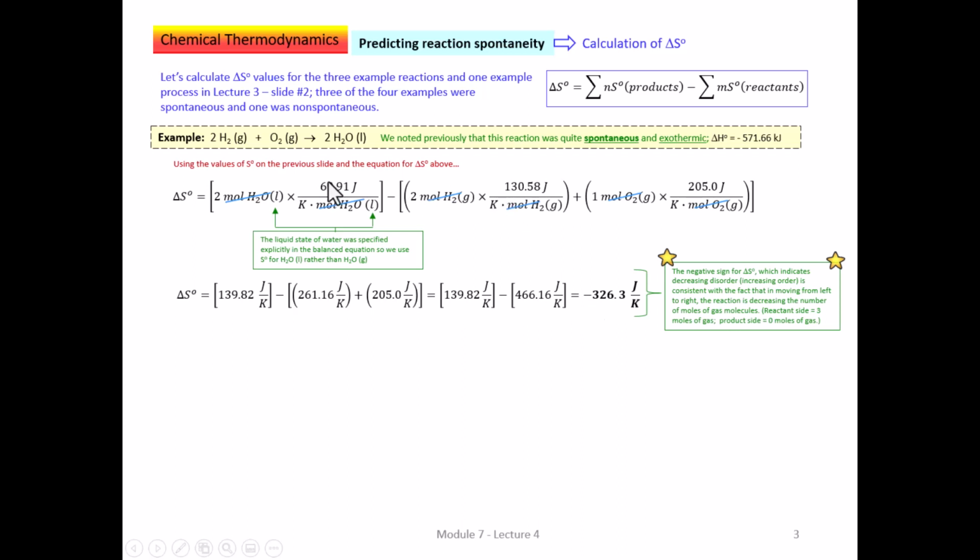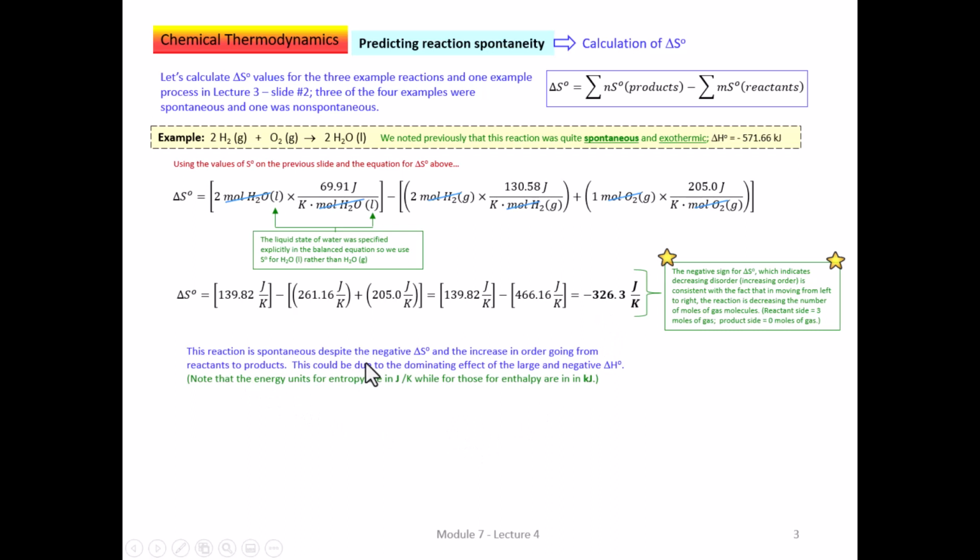If you look at the reaction itself, this is pretty logical. You've got 3 moles of gas on the left, 2 moles of liquid on the right. So definitely when you go from left to right, you're producing a lot of order. It's not surprising that delta S is negative.